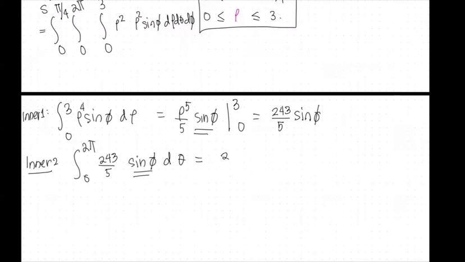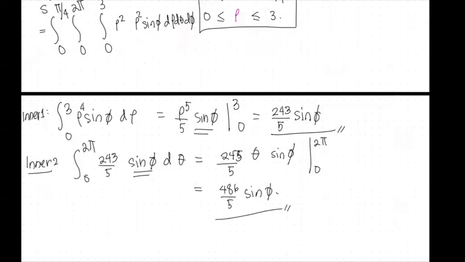So this is 243 theta sine phi over 5, and your theta will run from 0 to 2 pi. Of course, this is just twice of this. So twice of 243 is 486 over 5, and then sine phi. This is your answer for the second level.